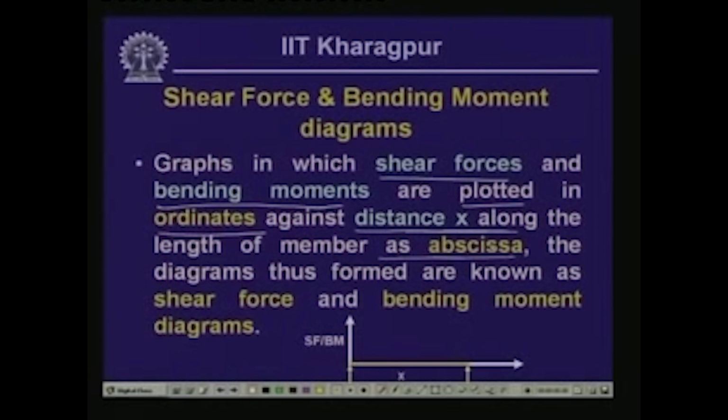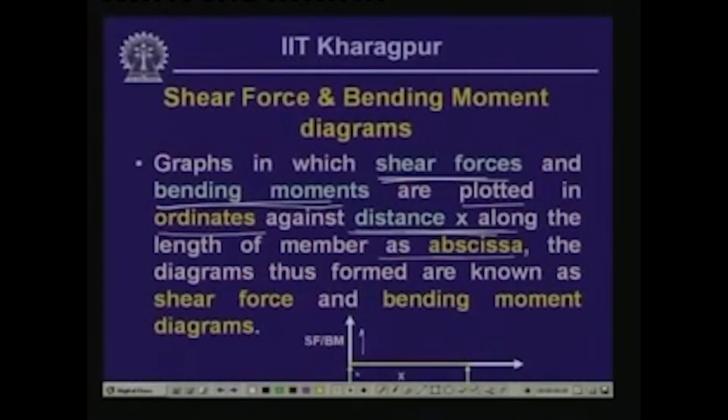We place the magnitude of the shear force or the bending moment in the ordinate, and the distance x from the beam at which we compute the value in the abscissa. The graph which we get gives us the variation of the shear force and the bending moment along the length of the beam, and we call those the shear force and bending moment diagrams.